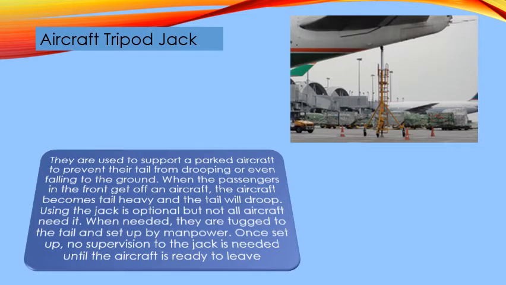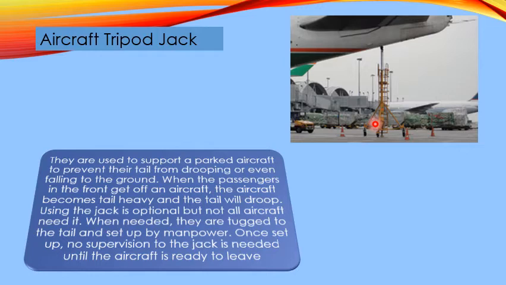Aircraft tripod jack. This is the jack you can see here. In order to keep the aircraft upright, the jack is used. It prevents the tail from dropping when the passengers at the front gate of the aircraft make it heavy at the front. The airline needs to balance the load while segmenting economy, premium and business class, deciding how many people go in each class.